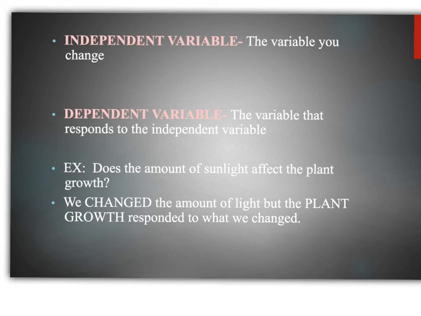We didn't do that, okay? What we did, though, we just changed the light, and so the plant growth then responded to how much sunlight it got. Okay, so we changed the light. That's the independent variable, and I like to call that the IV, like I and then V. Okay, the plant growth changed because of our light or because of our IV, so that's the DV, the dependent variable.